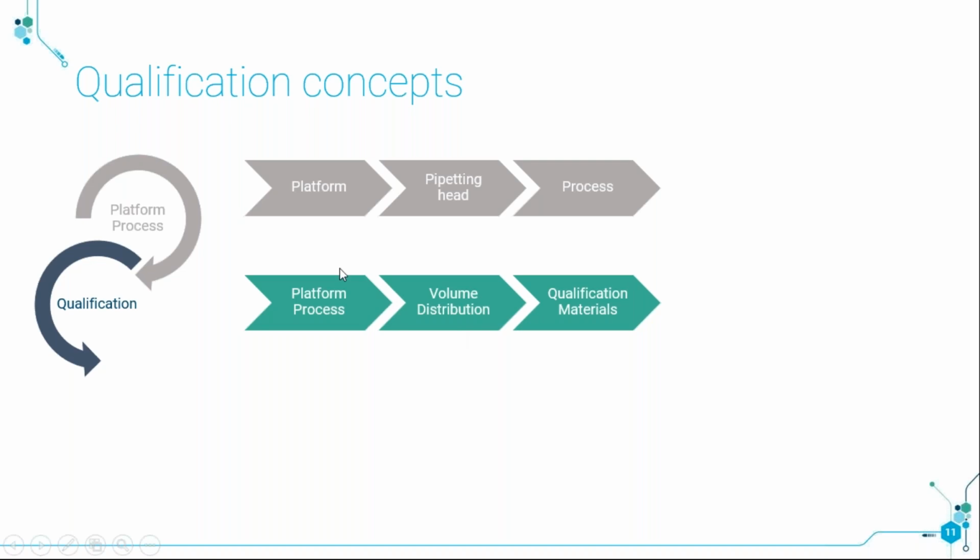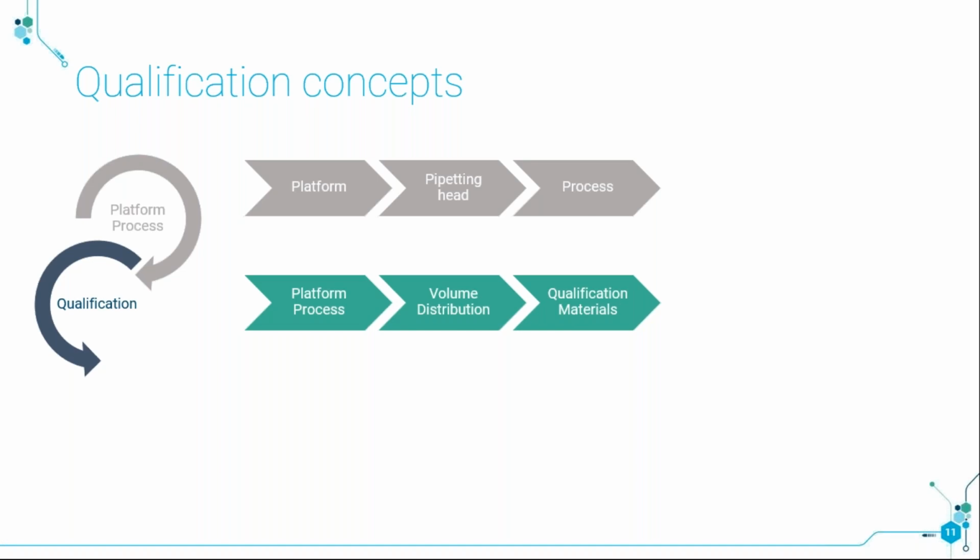So you have this platform process that you just defined, and then you will add information about the volume distribution. How much volume will I dispense in my plate? Is it a single volume, or are there different volumes in my plates? How many plates will I use? What is the plate format? What is the solvent used? You can define the liquid class, the colorimetry reagent, everything, really everything that you're using in a classic experiment or in a classic assay.